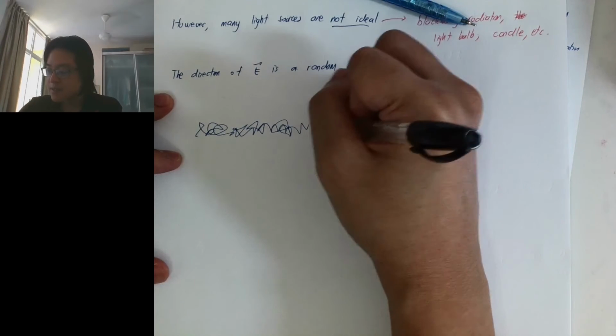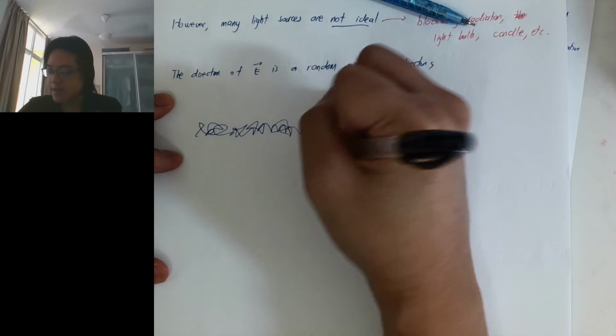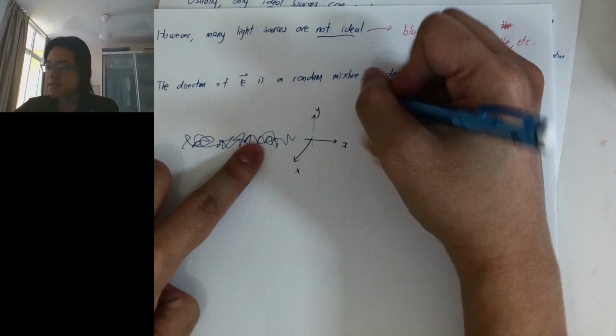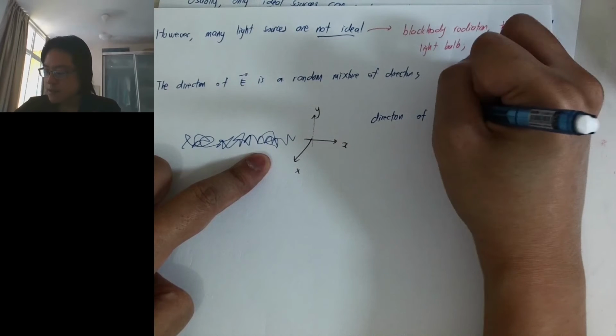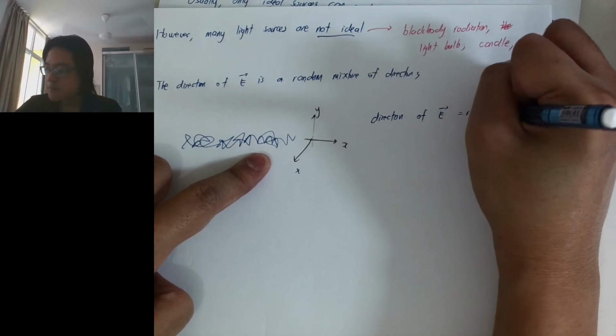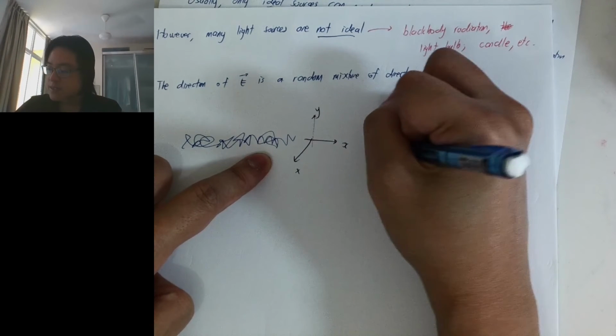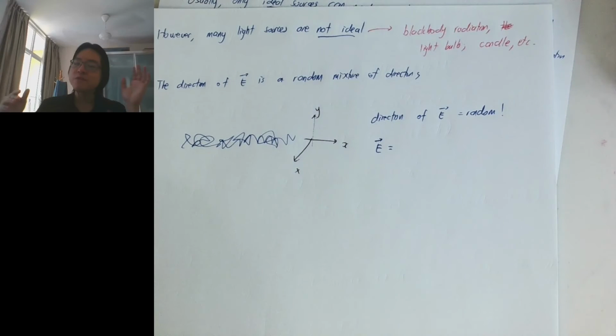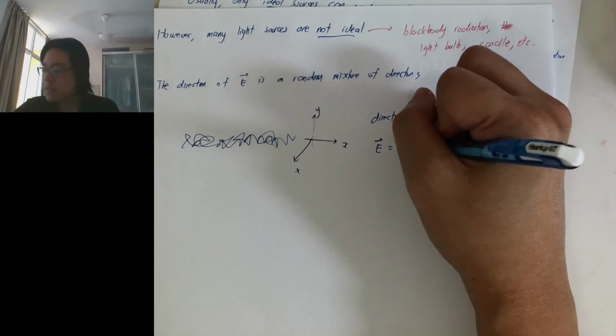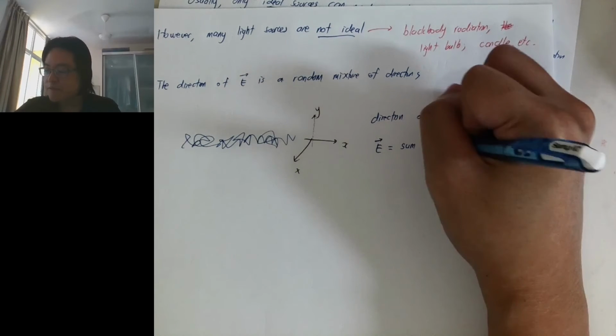Okay, so if I draw my y-axis here, my x-axis here, my z-axis here, we notice that the direction of E is random. In other words, previously when we talked about polarized light, we took E1, E2, we have a sum of two vectors that have specific directions. But now I just have a sum of I don't know how many vectors.